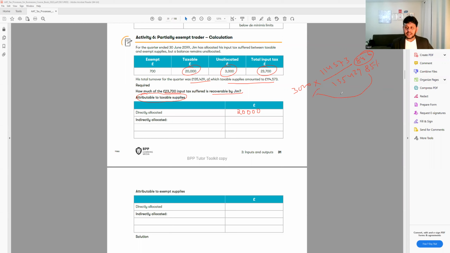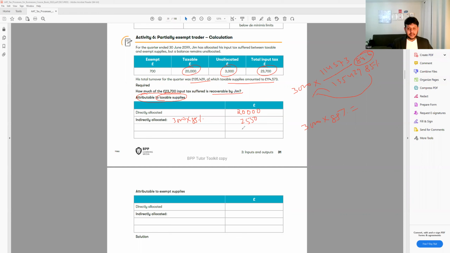So out of 3,000, 85% belongs to taxable supply. So we say 3,000 times 85% belongs to taxable supply. How much is it? 3,000 times 85% is 2,550.